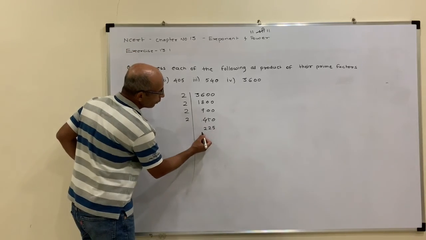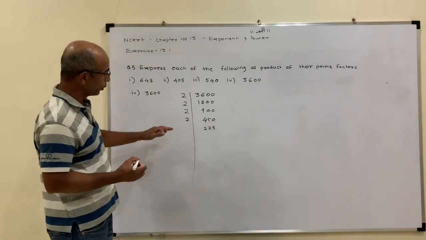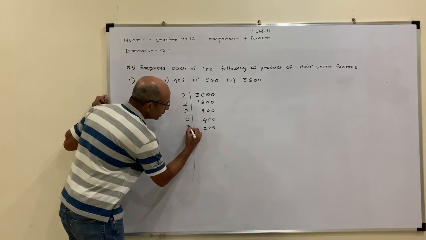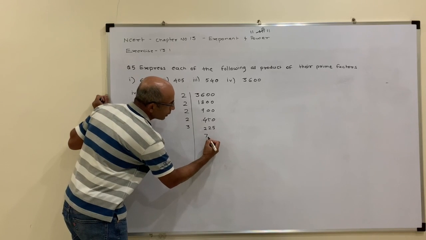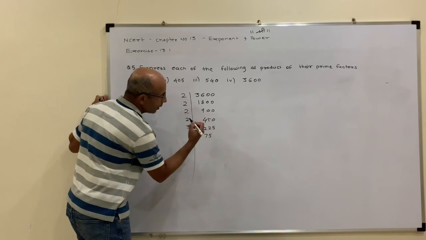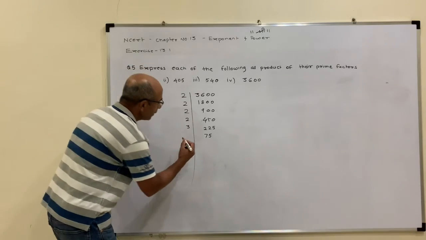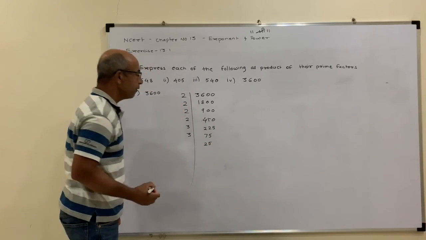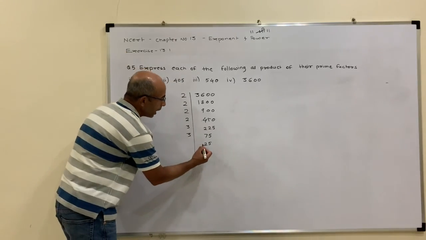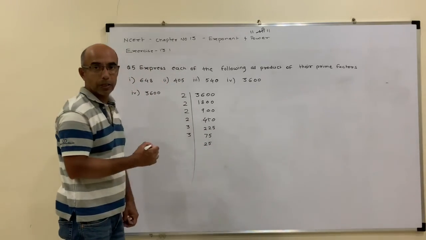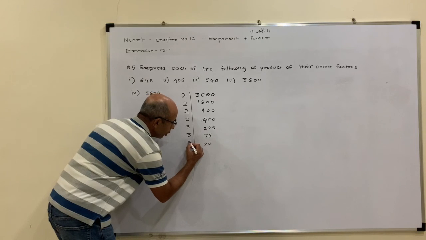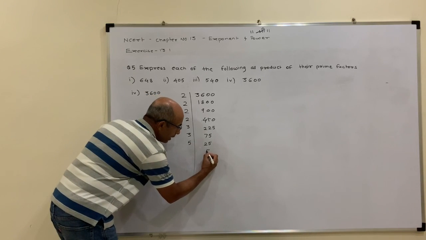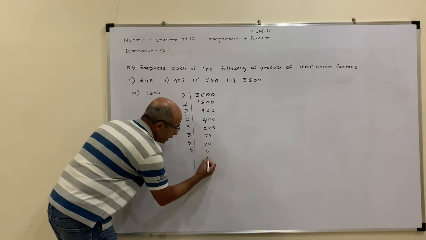Then now we can't divide it further by 2. So now move on to the 3. 3 7s are 21, 3 5s are 15. Then 3, 3 2s are 6, 3 5s are 15. Then now we can't divide by 3, neither can we divide by 4. So now move on to 5. 5 5s are 25, 5 1s are 5.